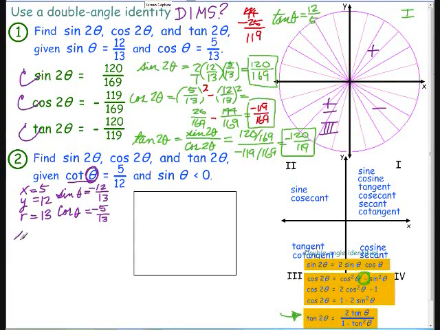So now my sine of double theta is going to be 2 times the sine of single theta times cosine single theta. So I'm going to have a negative 12 over 13 times a negative 5 over 13.